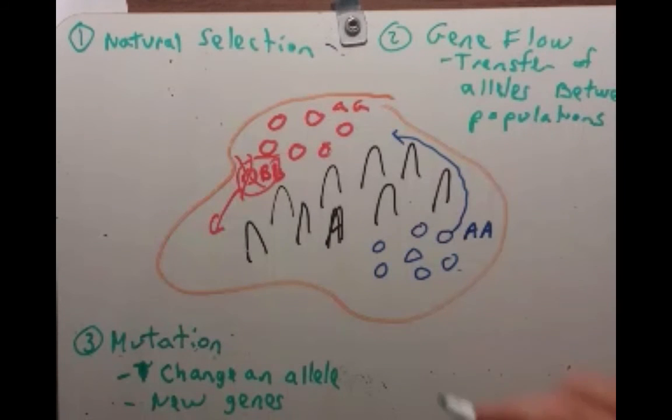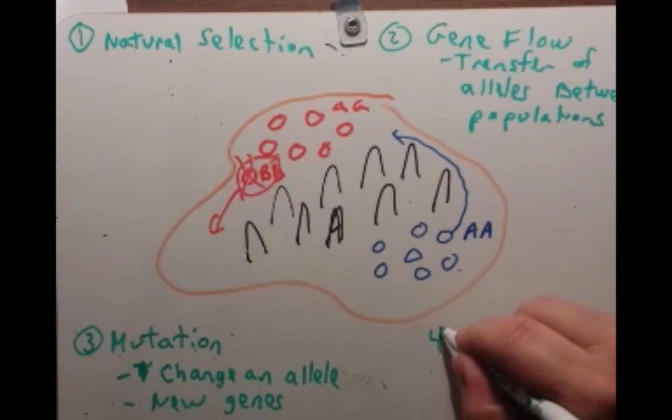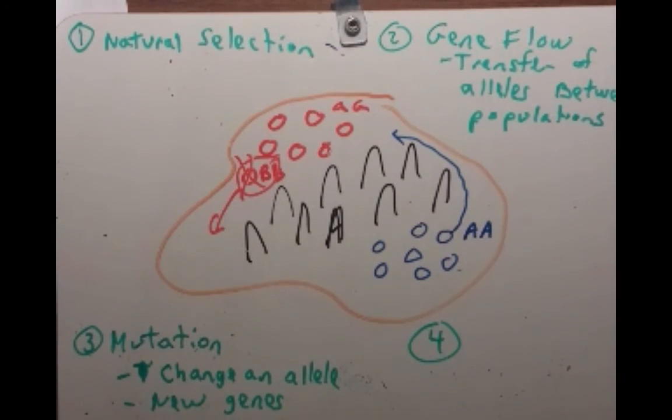The fourth example is genetic drift. This is sort of the opposite of natural selection.